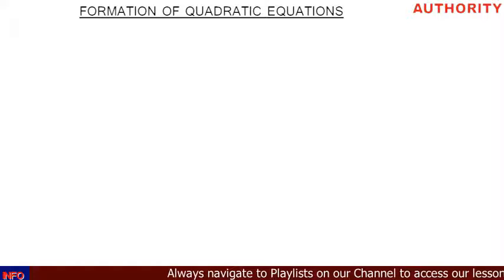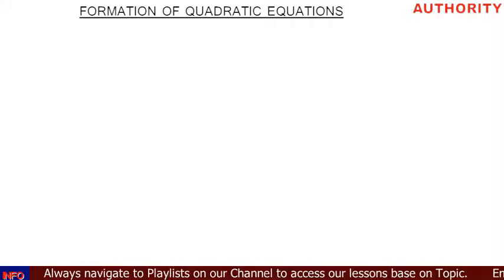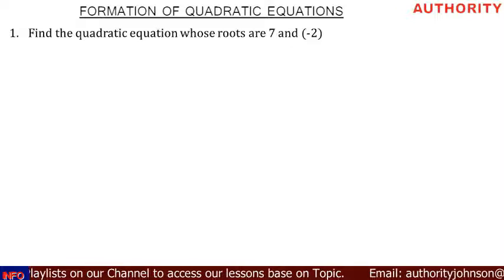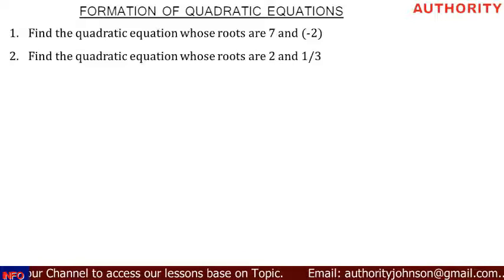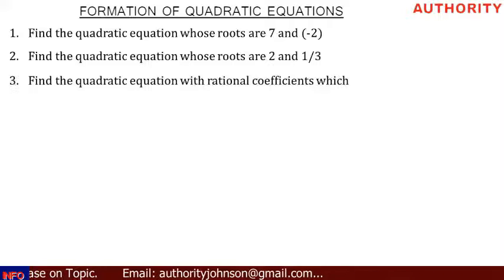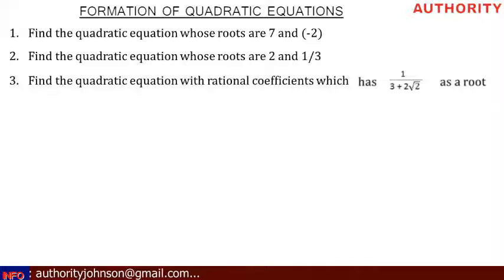We are going to see examples in this video. For instance, number 1: find a quadratic equation whose roots are 7 and minus 2. Number 2: find a quadratic equation whose roots are 2 and 1 over 3. Number 3: find the quadratic equation with rational coefficients which has 1 over 3 plus 2 root 2 as a root.